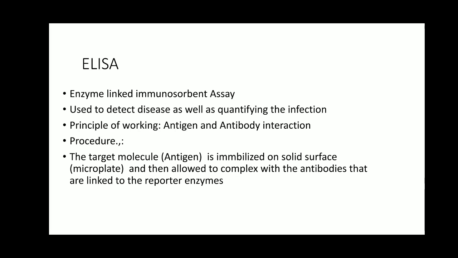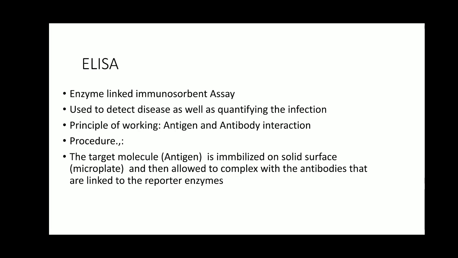It is used to detect the antigen of the HIV virus in HIV positive patients. Whenever there is an invasion of the HIV virus, it will produce P24 protein, which acts as an antigen.